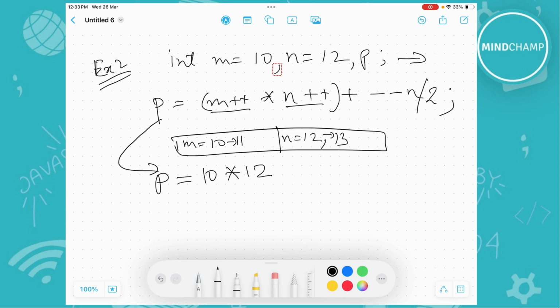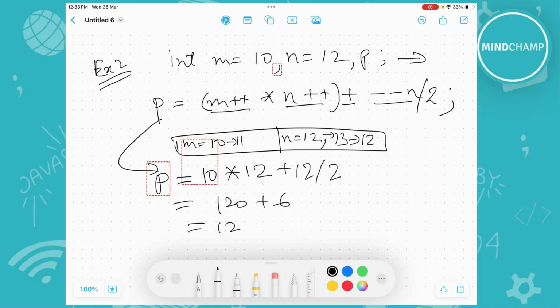Okay, now plus minus minus n means pre-decrement. So whatever the value of n is in the memory, decrement it by 1 and store it for the use. So 12 divided by 2, which means 120 plus 6, which is equals to 126.